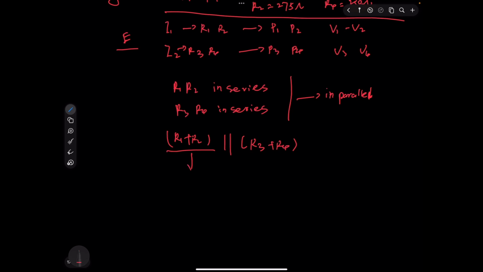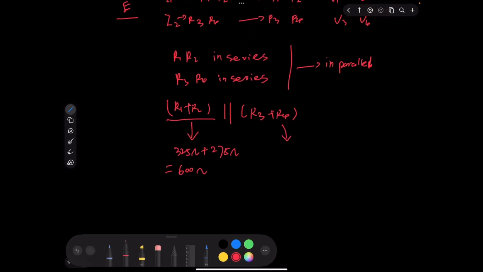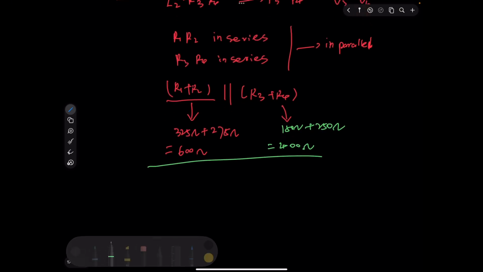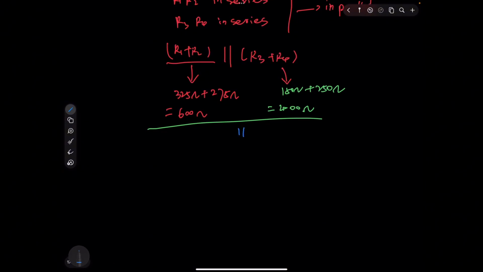So let's do this. R1 plus R2 is 325 ohms plus 275 ohms, which gives us 600 ohms. R3 plus R4 is 150 ohms plus 250 ohms, which is 400 ohms. And then they are in parallel. For the parallel part, it is 1 over 600 ohms plus 1 over 400 ohms.